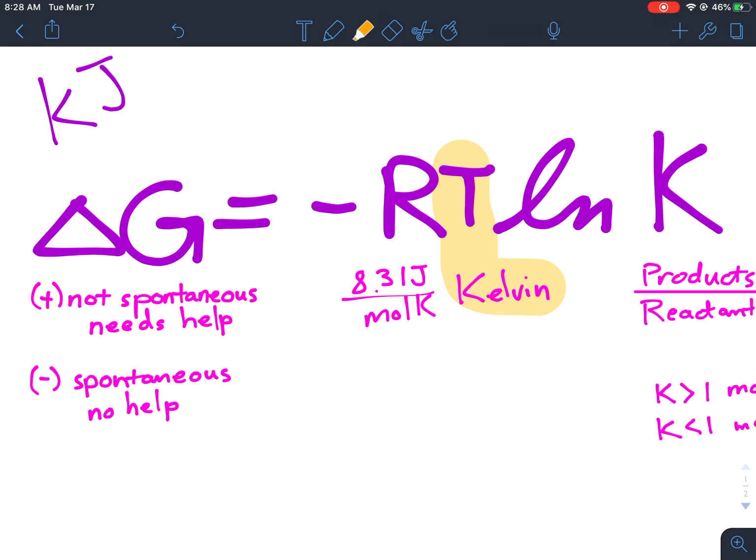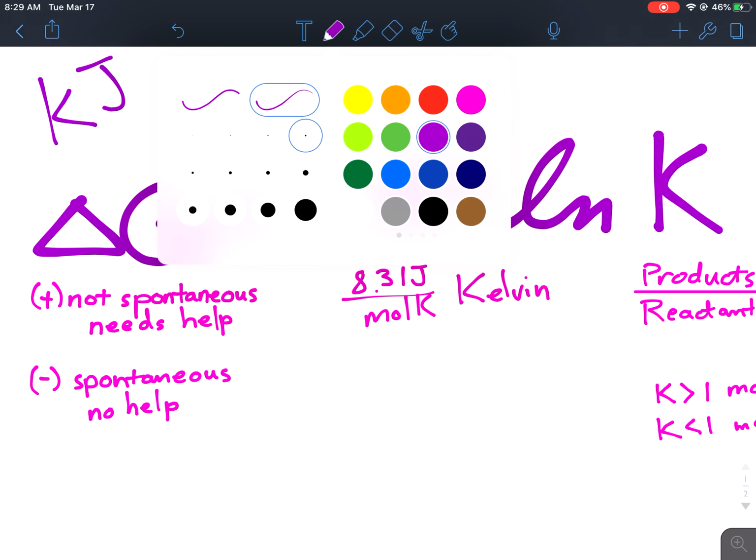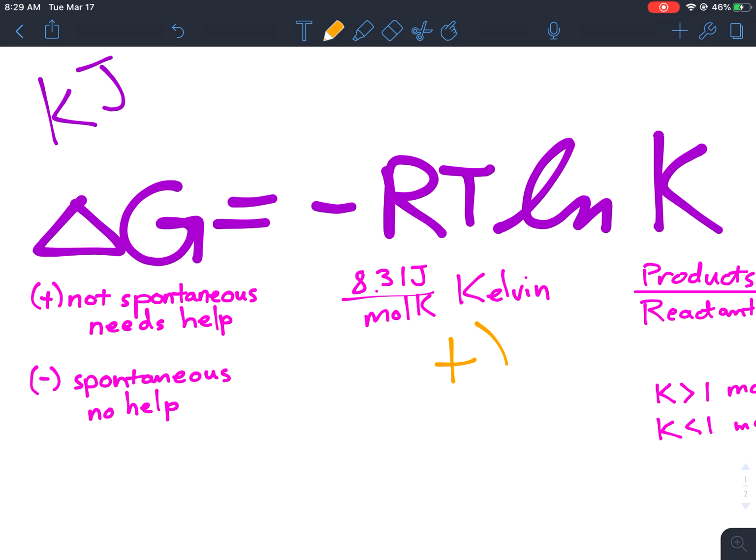It's always a positive number. So if R is a positive number and Kelvin is a positive number, then R times T will always be positive. It will never be a negative number, okay? So that's one thing you got to take away from this portion: these guys are always positive. Now, obviously, there's a negative sign in front of it, okay?